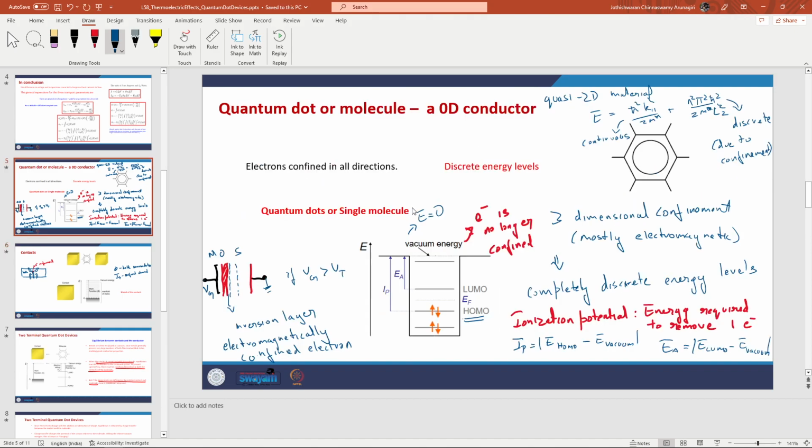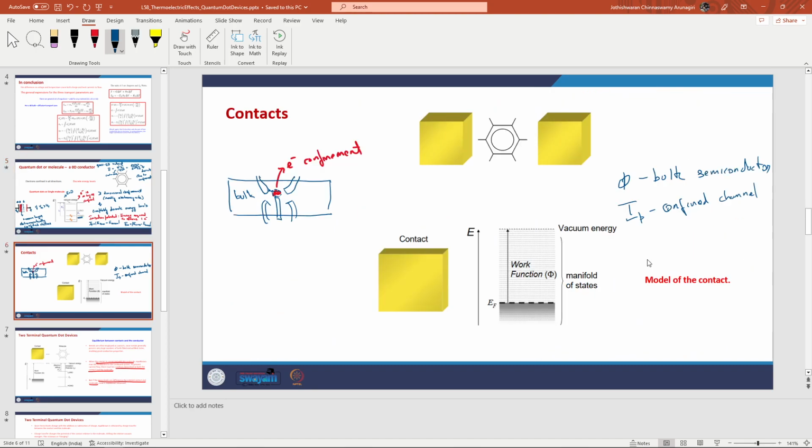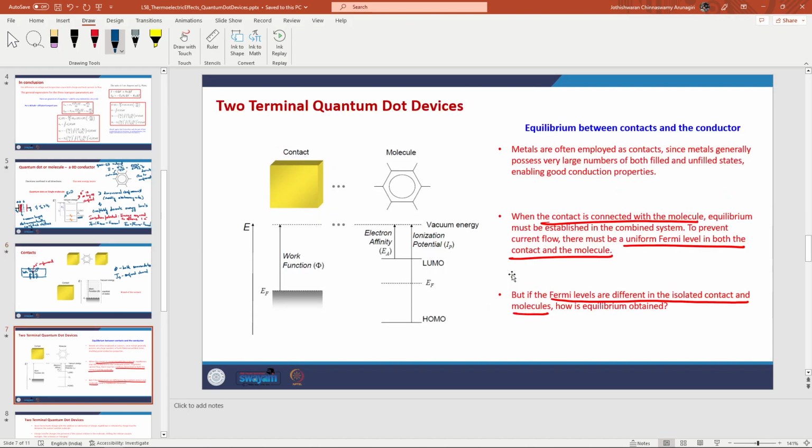Whereas in this case, there is a finite difference between the ionization potential and the electron affinity. Remember this. In the case of the work function, it replaces both the ionization potential and the electron affinity. So this is the charge transfer model.